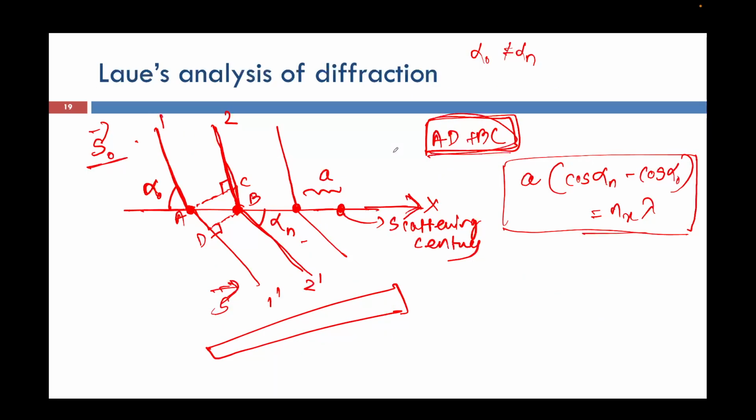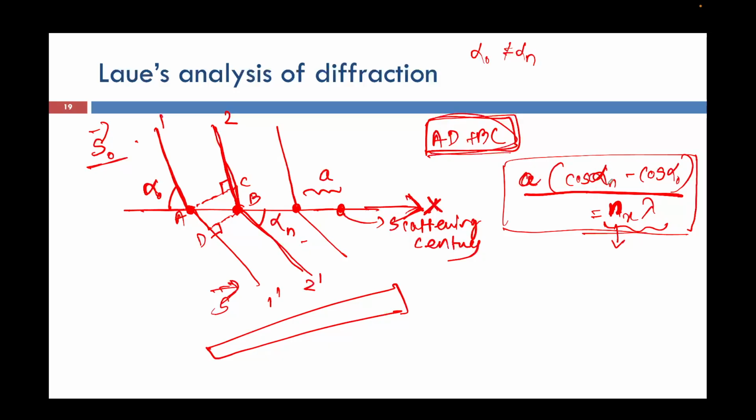And how can the constructive interference happen? Constructive interference can only happen when the path difference is equal to an integer multiple of lambda, or an integer multiple of your wavelength. Since I am talking only in terms of the x direction, I am talking nx. Nx means the order of scattering that is taking place across the x direction, and A is the distance between two scattering centers.